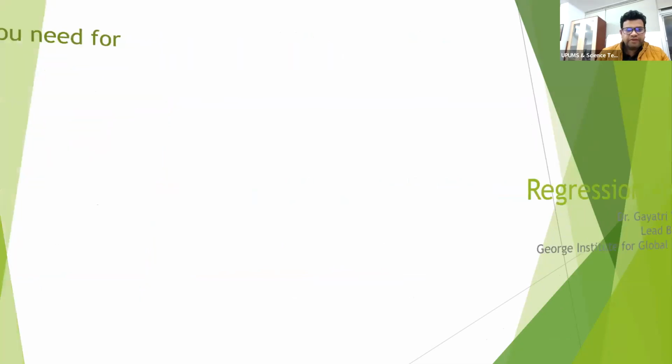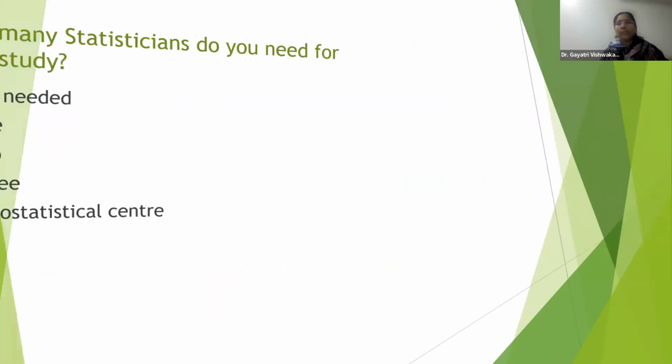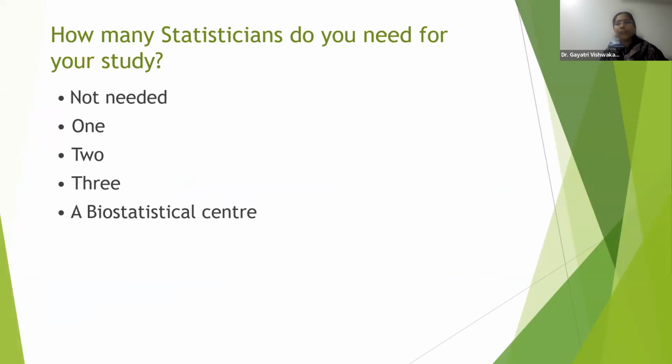I always start my session with one question, and I want to interact with the participants. So quickly, if you can write your answer in the chat box, then we'll go through the presentation. The first question, specifically to the medical people, is: how many statisticians do you need for your study?